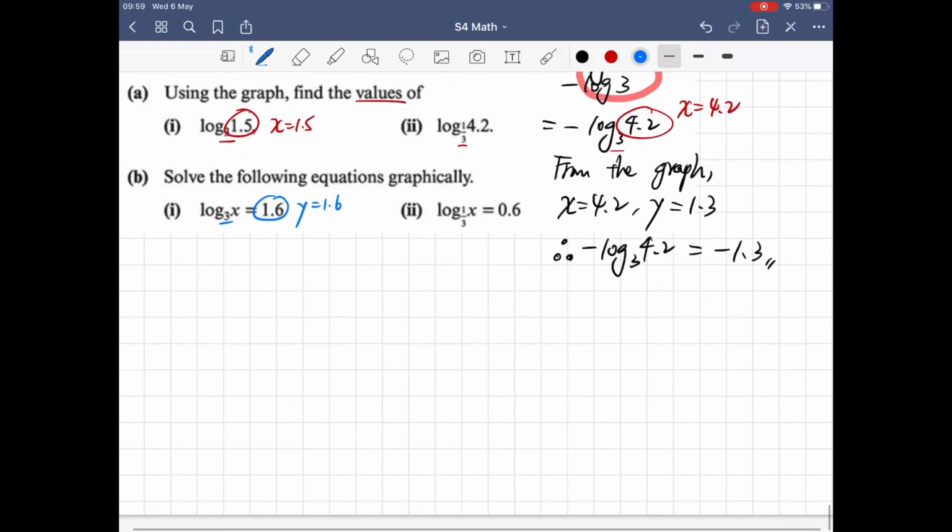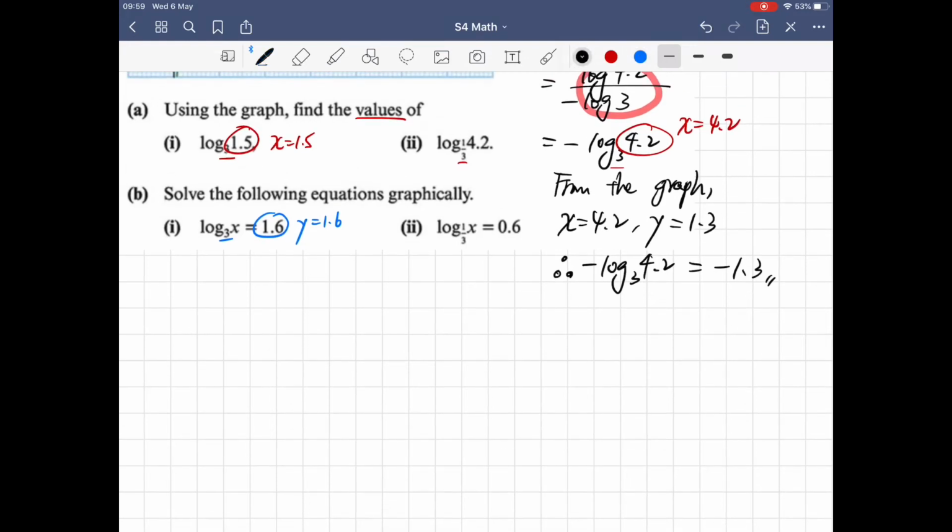So therefore in B1, from the graph, when y equals 1.6, the value of x equals 5.8.